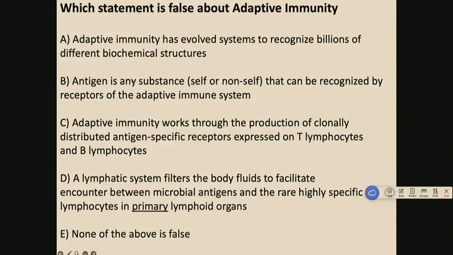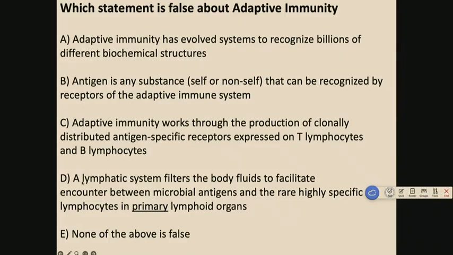And then antigen is any substance, self or non-self, that can be recognized by receptors of the adaptive immune system, and that's correct. The antigen can be self or non-self, whatever is a ligand for the BCR or TCR. Adaptive immunity works through the production of clonally distributed antigen-specific receptors expressed on T lymphocytes and B lymphocytes, okay? That's correct.